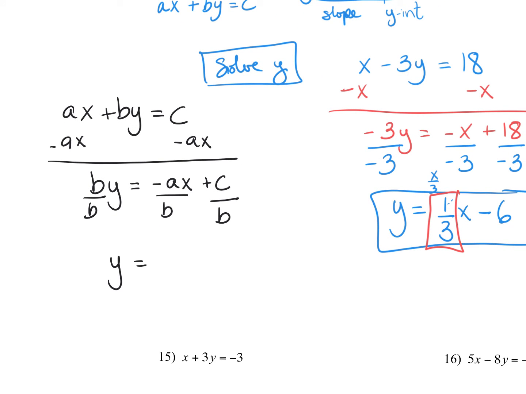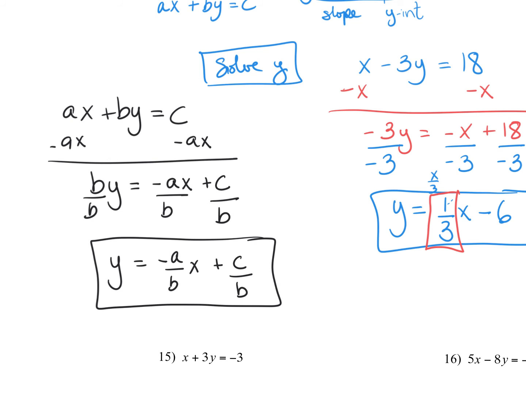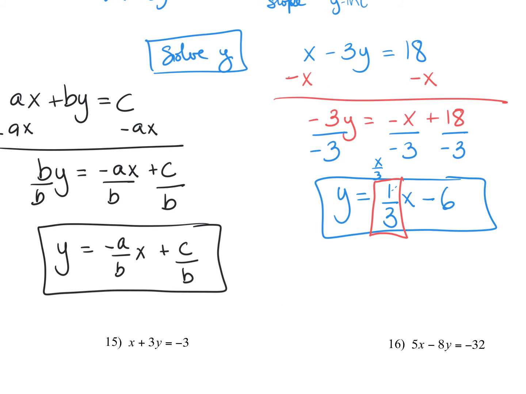So y equals negative a divided by b, x plus c over b. Okay, so what does that give you?